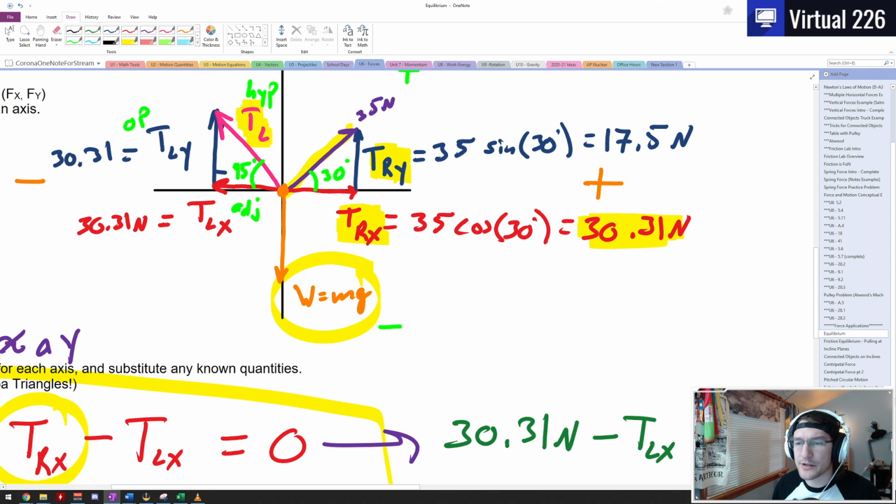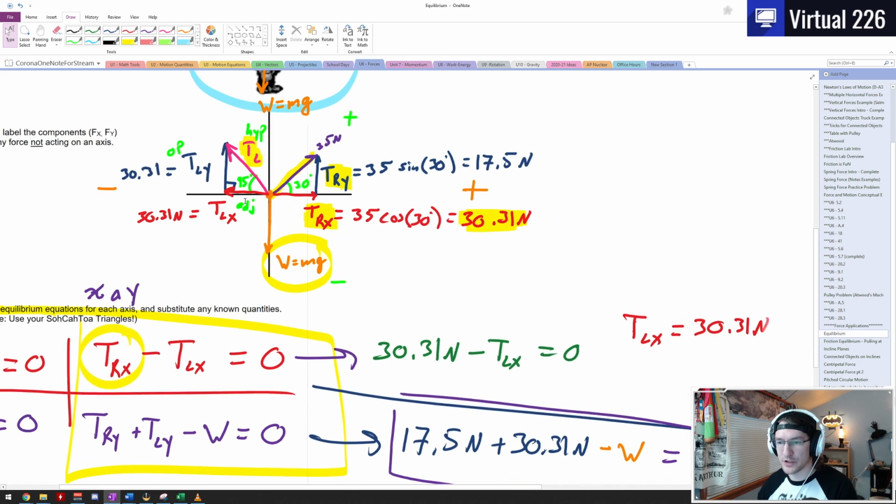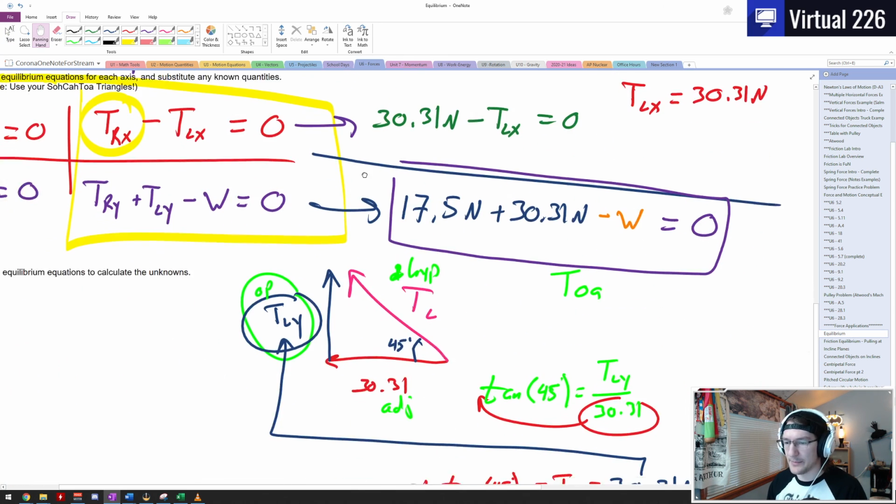Knowing that this is a right triangle, since we know both legs, we could use the Pythagorean theorem, a squared plus b squared equals c squared. That will work. Or we could use either sine or cosine and solve for the hypotenuse. Any of those three methods will give you your solution.